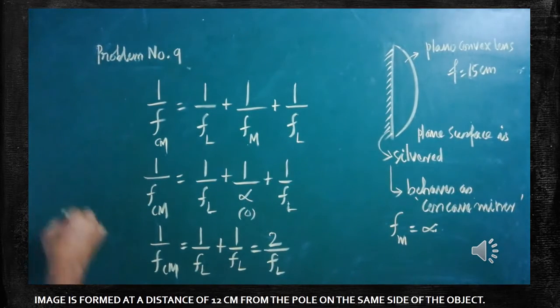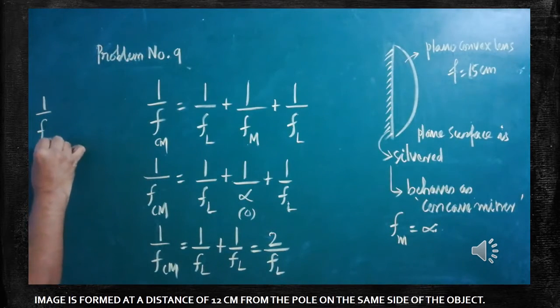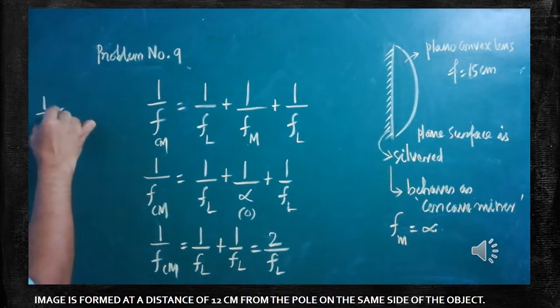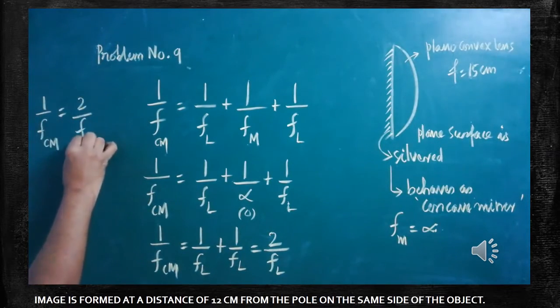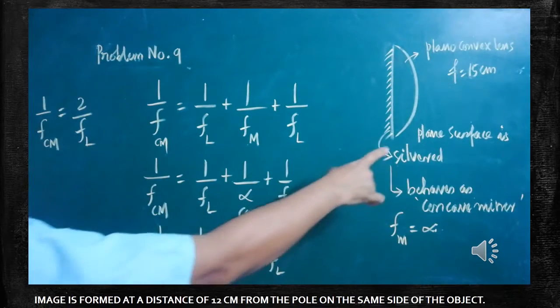Now the LHS and RHS can be written separately. 1 by fcm is equal to 2 by fl. fcm means focal length of the concave mirror.